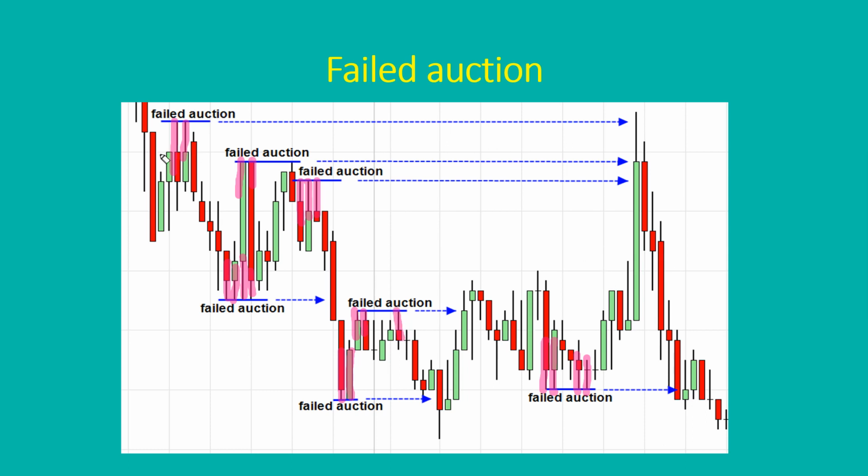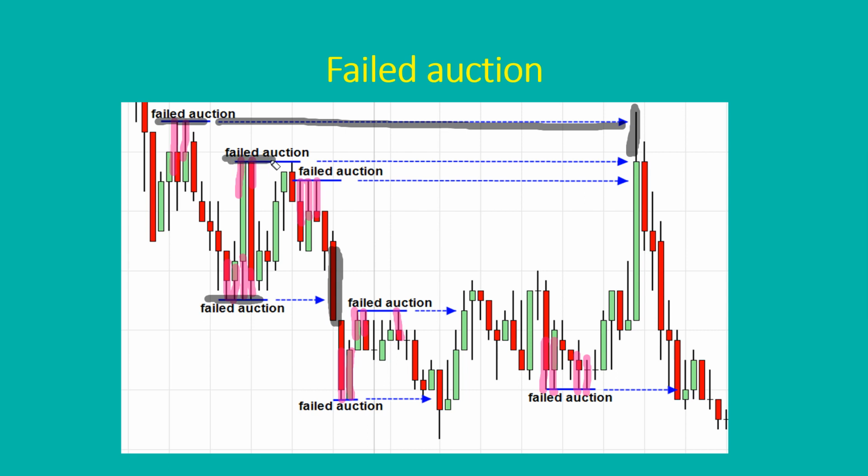So if I start from the left, then this failed auction got tested right there with this candle. This failed auction got tested with this candle.